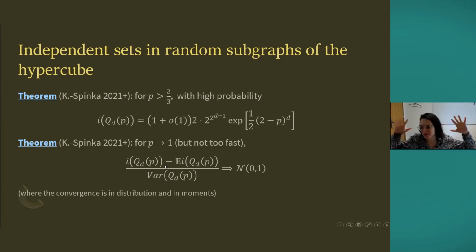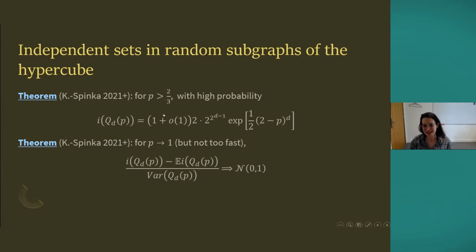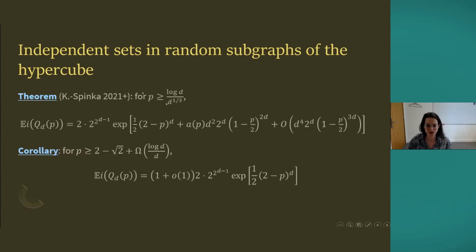There is one main result, which I didn't state here because it's not really nice to write it, and the main result will be the moments. We find the moments of the total number of independent sets, and the moments will be for the best p. Then you need to see what kind of conclusions you get.